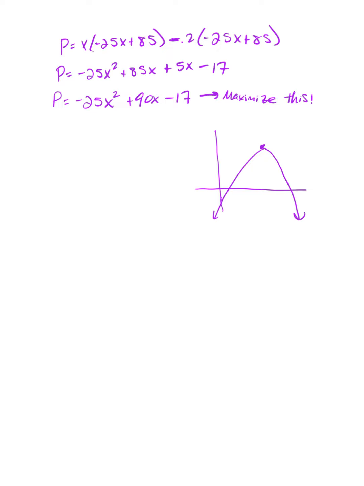I have no idea what the x-intercepts are. It's completely not to scale. But this is just to help remind me what this function represents. X represents price per cup, and the y-axis is profit in dollars.